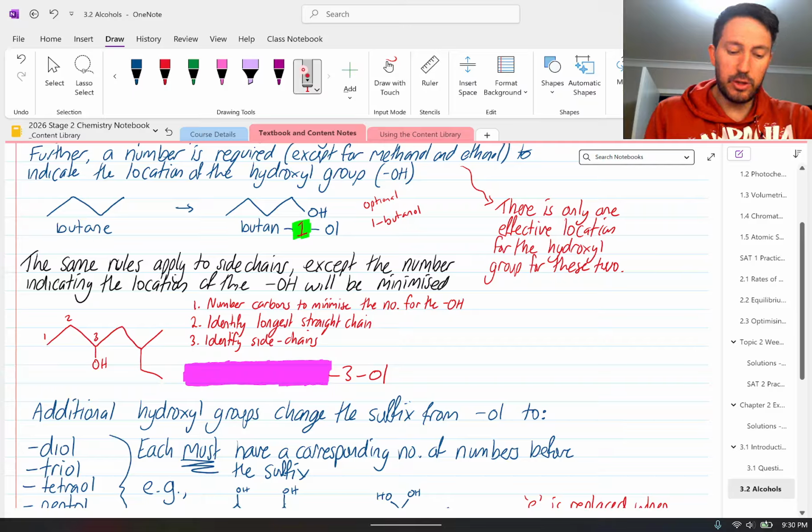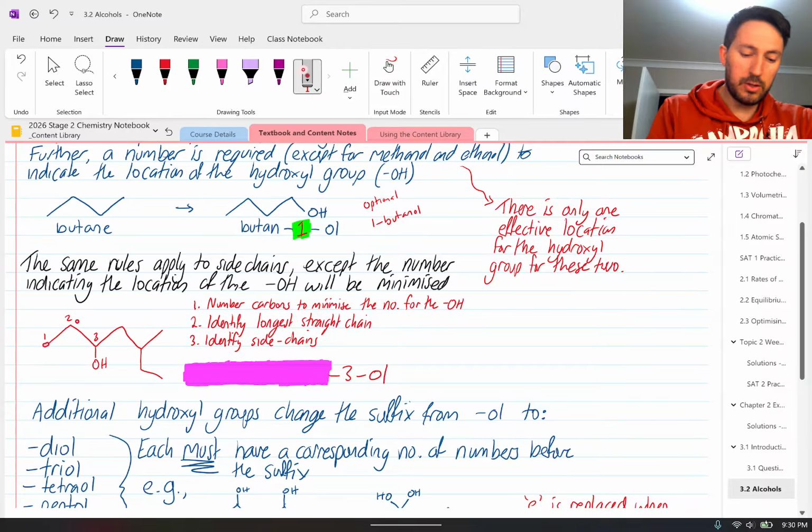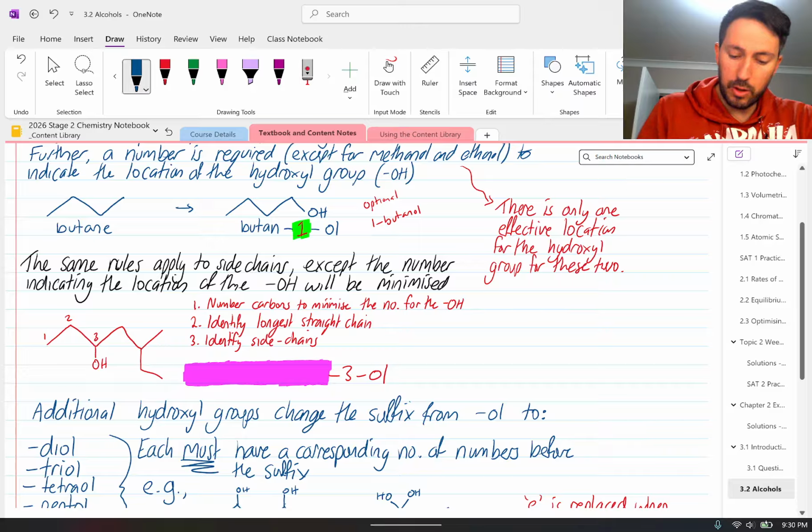Now I deliberately chose to draw this one with what looks like an ethyl group sticking off the bottom, but even though it's sticking out at the bottom, that doesn't automatically make it a side chain. In this particular case, it's actually part of the main longest unbroken chain. So this is actually our substituent. So we have our 1, 2, 3, 4, 5, 6, 7 carbons. That makes our molecule.